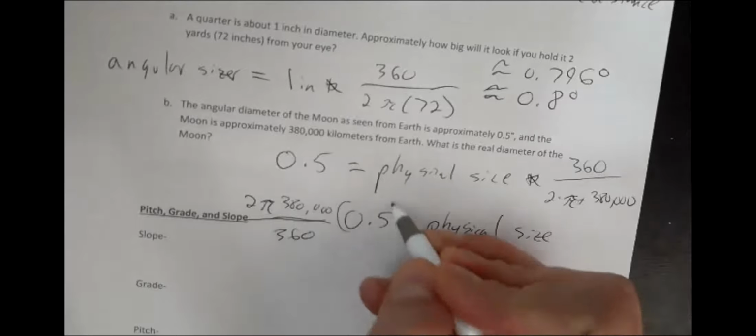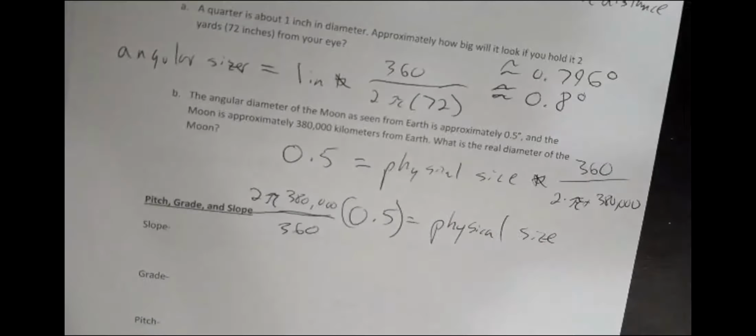And so we want to do this. So we want to do 2 pi. We want to multiply that by 380,000. We want to divide that by 360 and multiply it by 0.5.